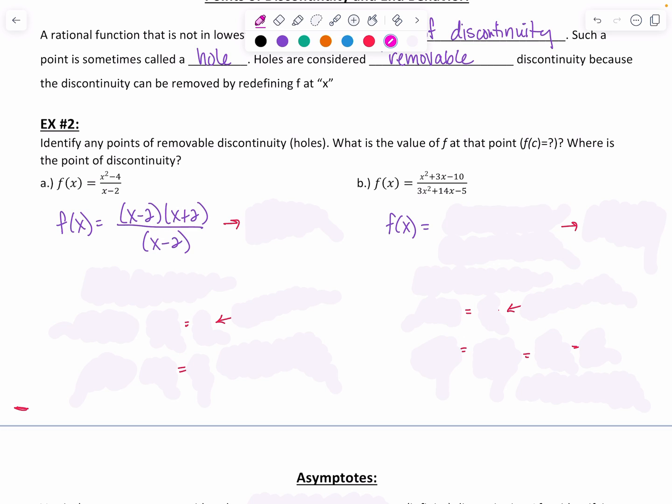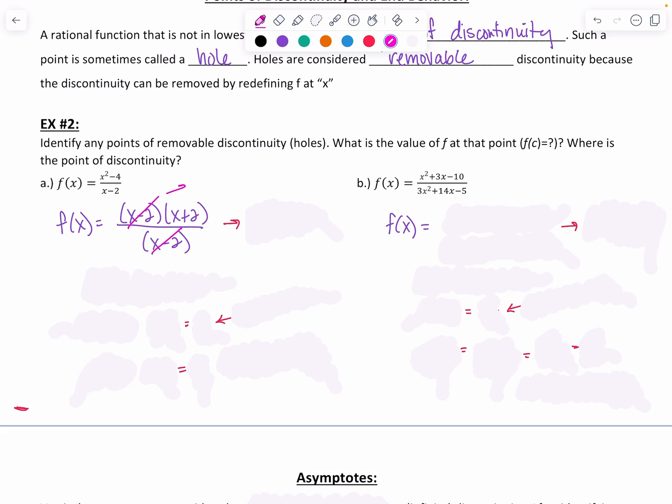So now that we have this rational function factored, are there any terms that can reduce, right? Any factors from the numerator and the denominator that are the same? Well, I notice there's an x minus 2 on top and an x minus 2 on bottom. When I cancel those, that tells me that this was not in lowest form originally, and that point is going to cause a hole in our graph.